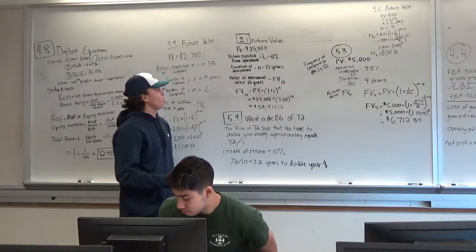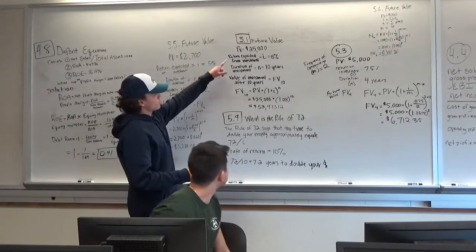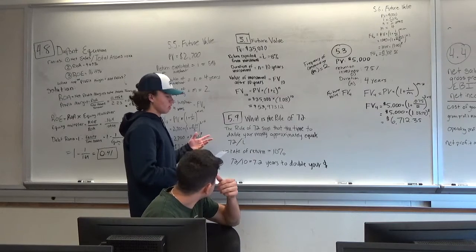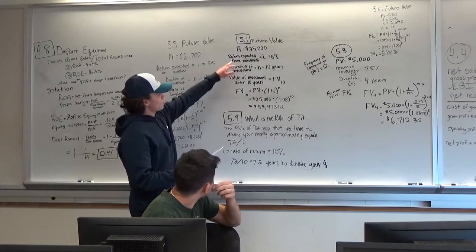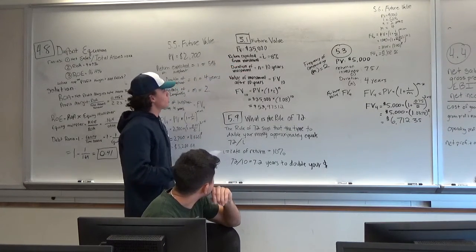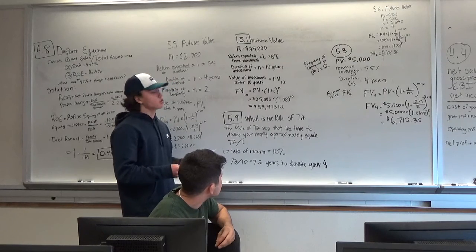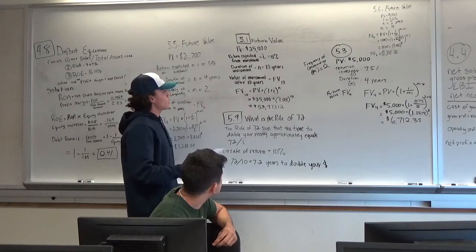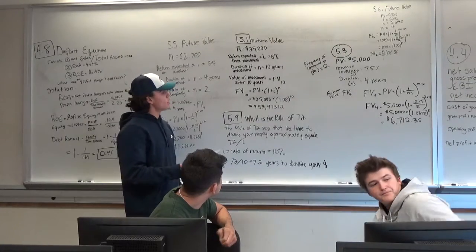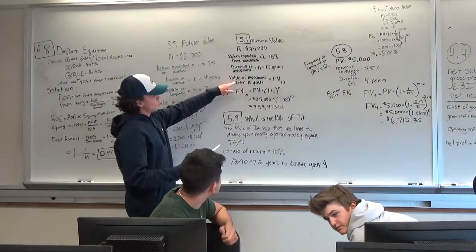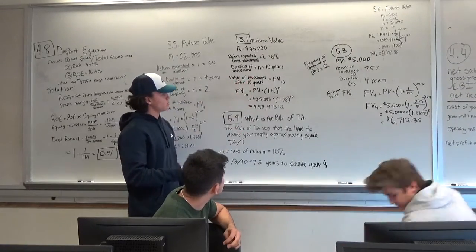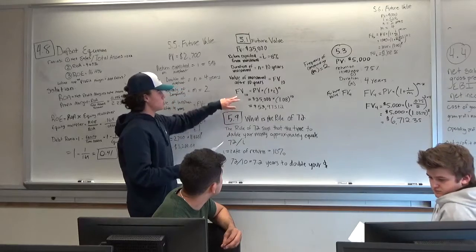Alright, so I have a 5.1, which is kind of similar to Cooper's, so it's a future value. So you have someone that's putting into a mutual fund. So the present value right now is $25,000, and he's expecting a return from investment at 8%, and this is every year, and the number of years is 10, and your value of investment after 10 years is obviously your future value, and then this is the equation right here.